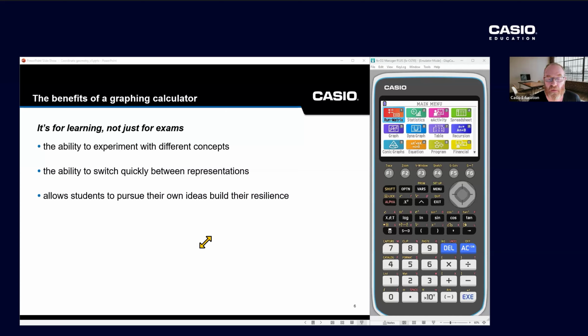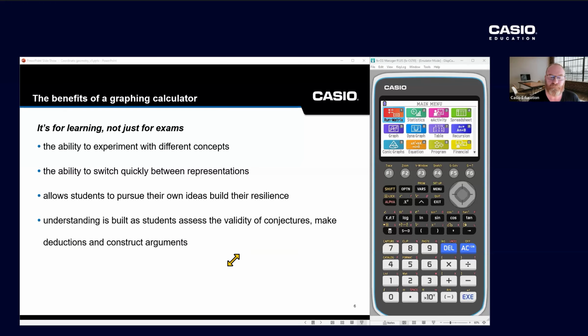They can pursue their own ideas, especially when dealing with circles, for example. Circles and intersections with straight lines, that's a good way that you can get them to think ever so slightly differently about the problem. And it allows a more open style of teaching, so you can get different students looking at different aspects of things and then come together and have a nice discussion about whether things work, whether they are equally valid, and things like that.